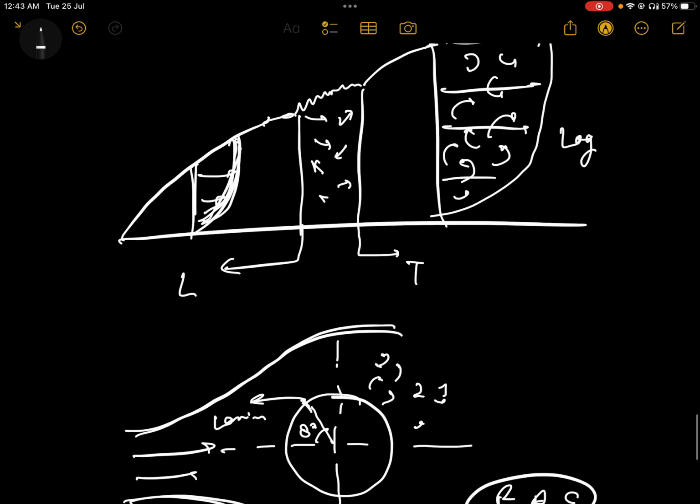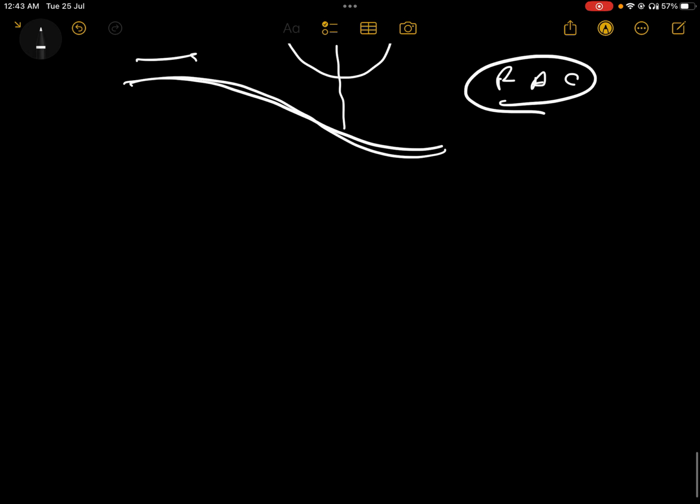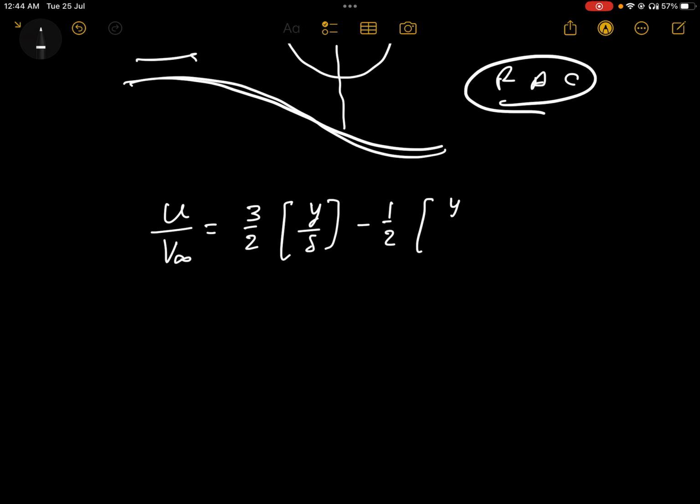Because it is following the parabolic profile, we have an equation for that, written as u upon u infinity is equal to 3 divided by 2 times y by delta, minus half times y by delta whole cube, at any location x measured from the leading edge of the plate.